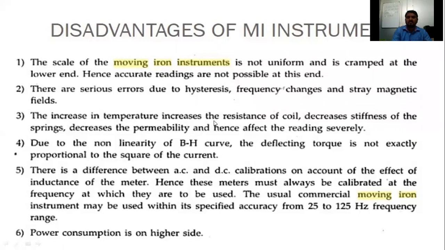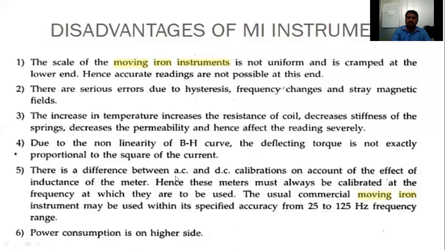The increase in temperature increases the resistance of the coil. So when temperature increases, resistance increases, the stiffness of the springs decreases, and permeability decreases. Some such effects occur. Due to the non-linearity of the BH curve and so on, we'll leave this one. There is a difference between AC and DC calibrations on account of the effect of the inductance of the meter.